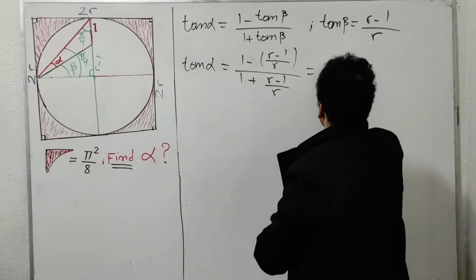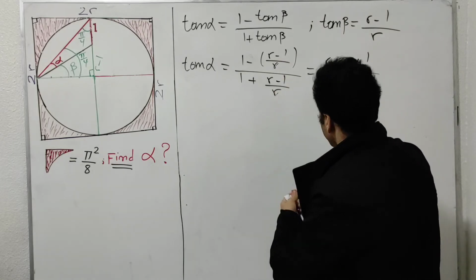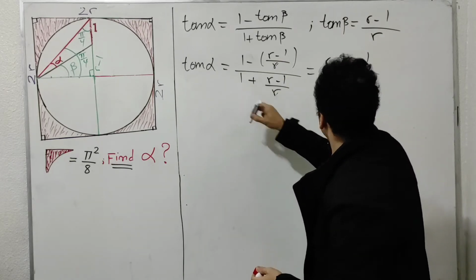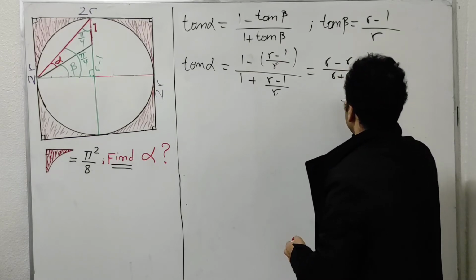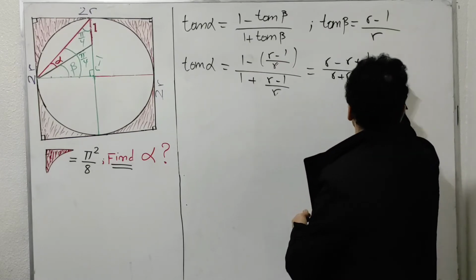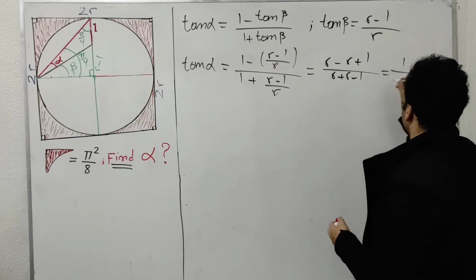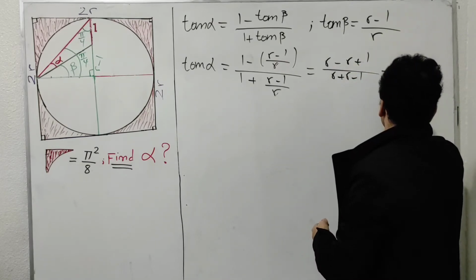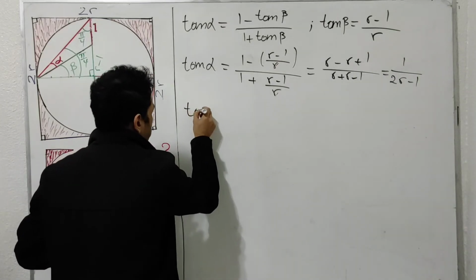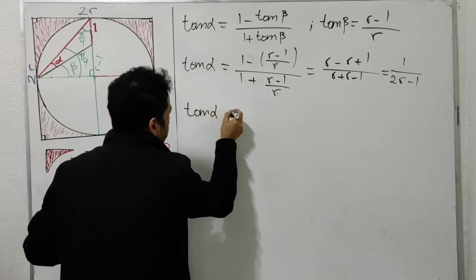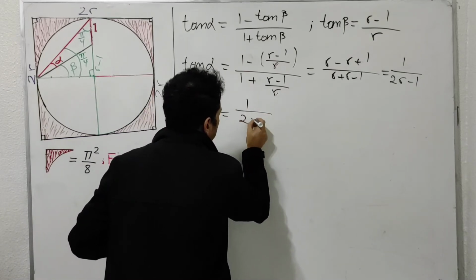The numerator is r minus r plus 1, and in the denominator, multiplying r by 1, I get r plus r minus 1. So r minus r is cancelled out. I will get 1 over r plus r, which is 2r minus 1. So now I have ended with this expression: tangent alpha equals 1 over 2r minus 1.